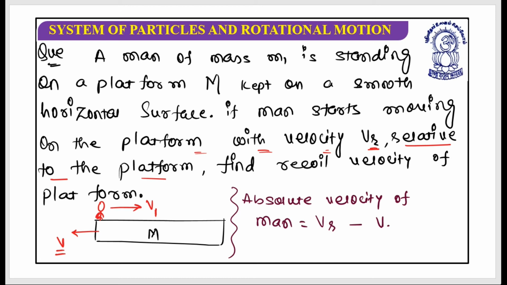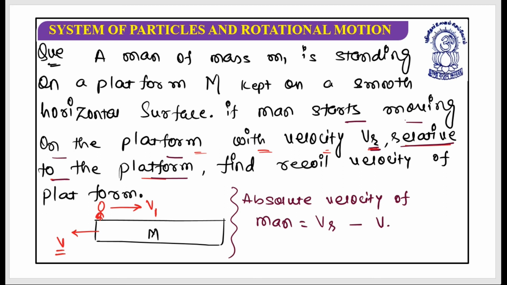It says the man is moving with velocity vr relative to the platform.